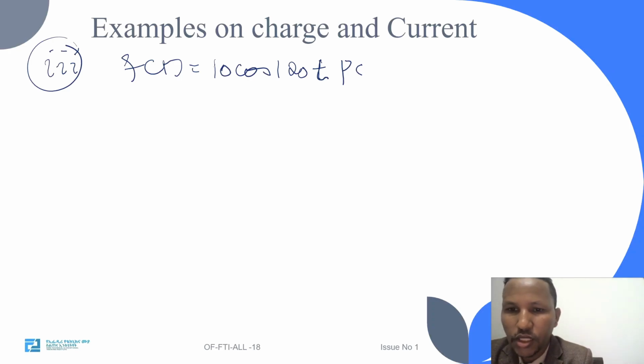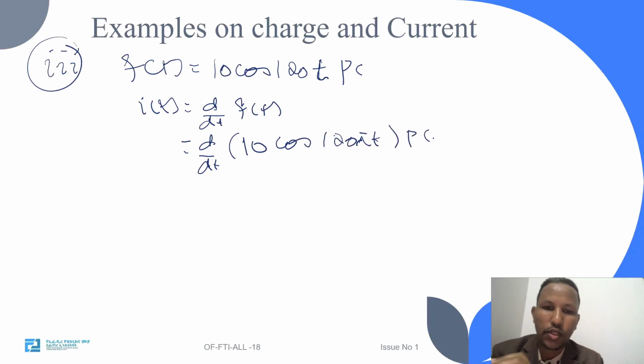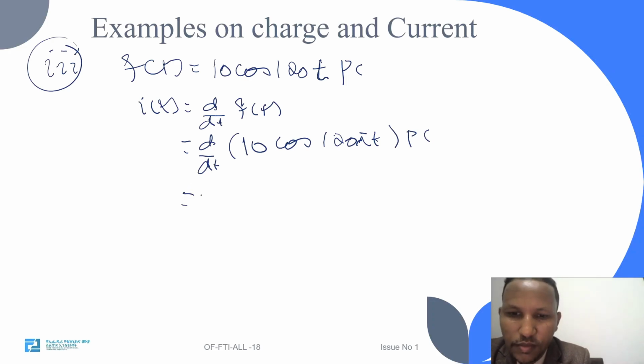So as usual, you have i of t, which is equal to d by dt of q of t. So d by dt of 10 times cos of 120 pi t picocoulomb. Okay, so we have minus 10 sine of 120 pi t times d by dt of 120 pi t.